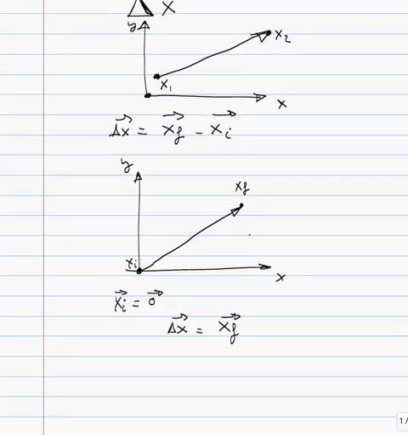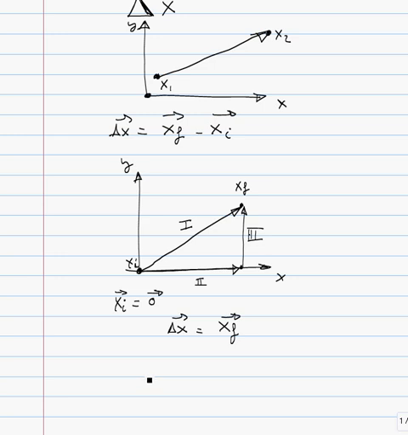The nice thing about displacement is I could go from position initial to position final using this particular path, or I could use this path. Let's say I want to follow the x direction first, and then I'm going to turn around with an angle of 90 degrees, and I'm going to go up along another path 3, and this displacement is actually the same as the original one.